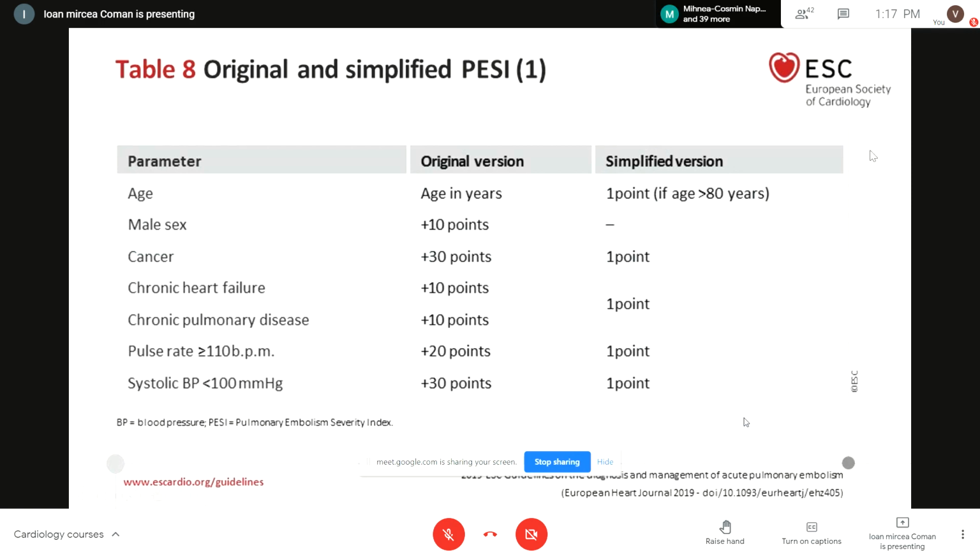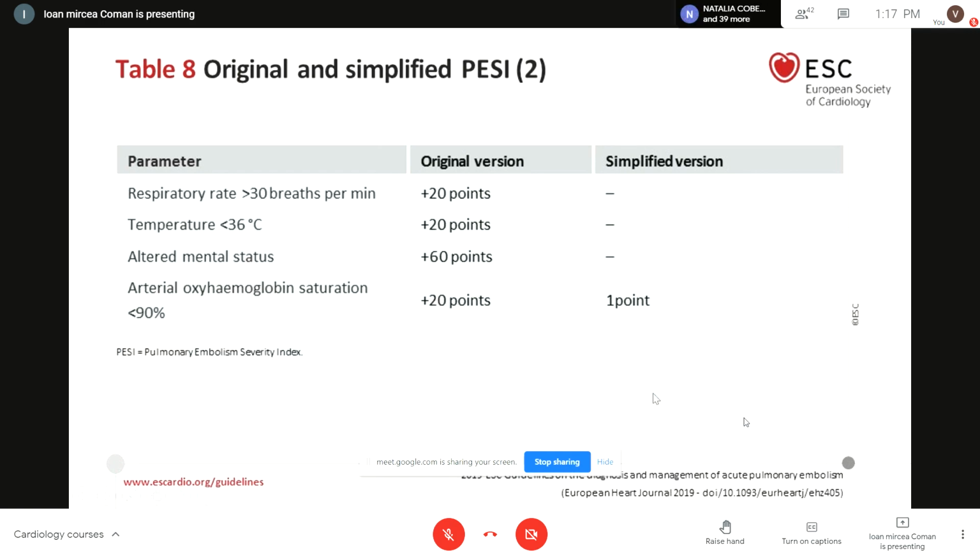So old, more than 80 years, is an additional risk factor. So is cancer, chronic heart failure, or pulmonary disease. Tachycardia, low blood pressure, and also desaturation of a patient.